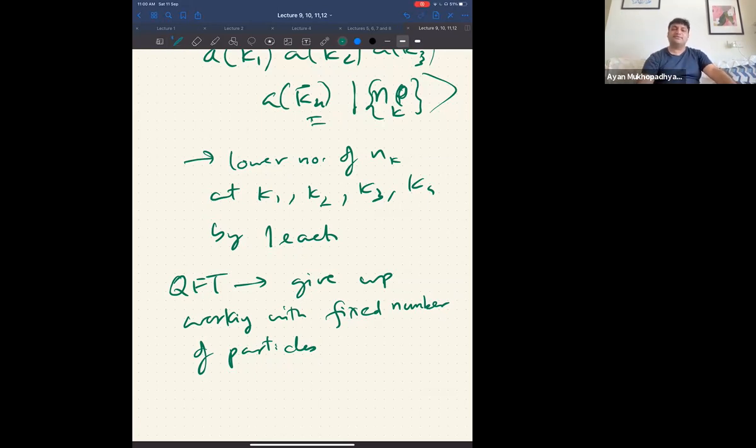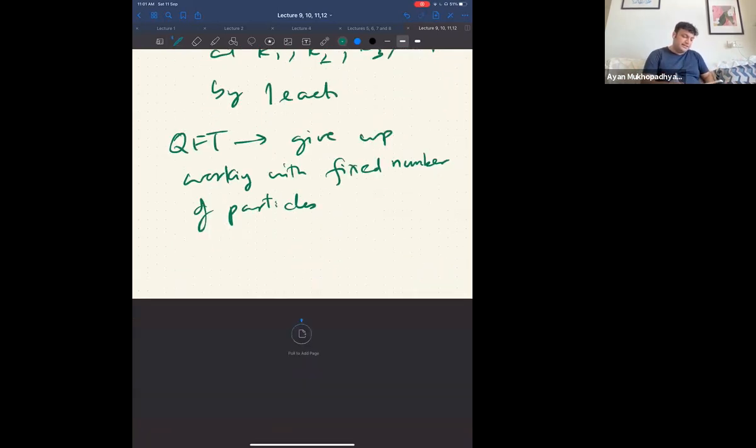But forget Lorentz invariance. Even if you're trying to explain some non-relativistic physics of a material, and we have to go to a simplified field theory description, then we have to give up on a formalism that keeps the number of particles fixed. We have to be able to superimpose states with different numbers of particles.